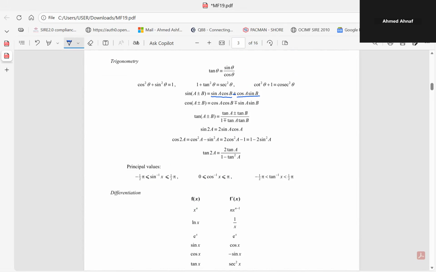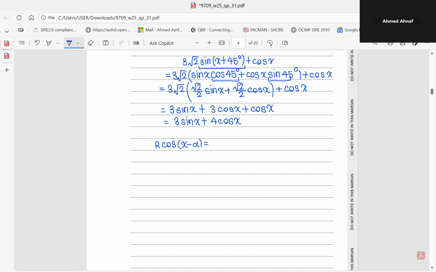Cosine A minus B, you get cos A cos B plus, because the plus is below and minus is below on the other side, sine A sine B. So this is just going to be cosine x cosine alpha, opposite sign, plus sine x sine alpha.